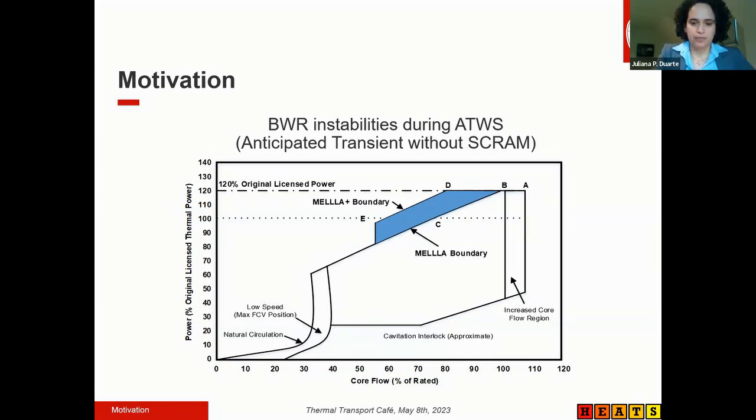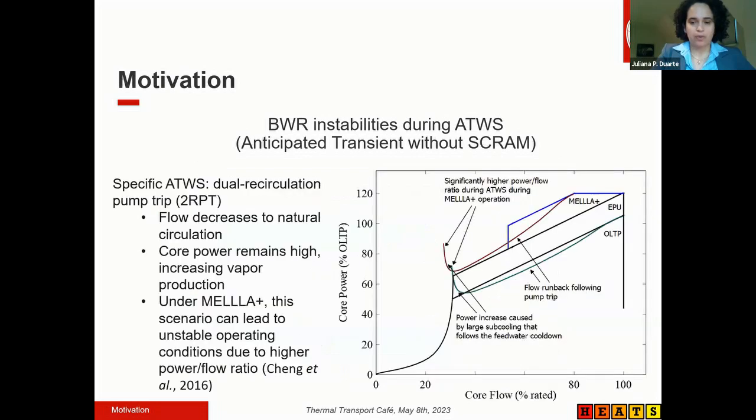But what happens when we analyze the accident scenarios in these conditions, the ATWS, when we have the dual recirculation pump trip, that will lead to a natural circulation condition in the reactor core.